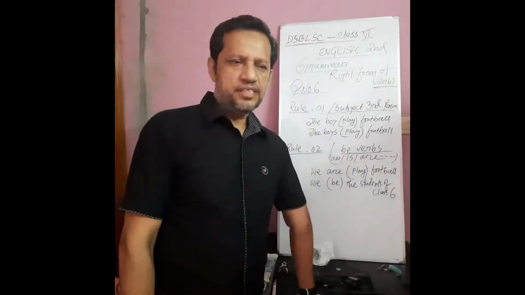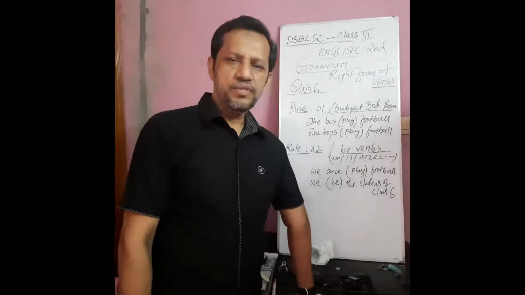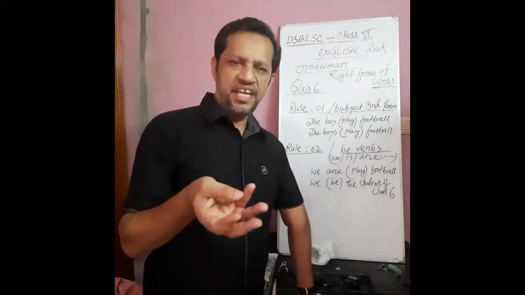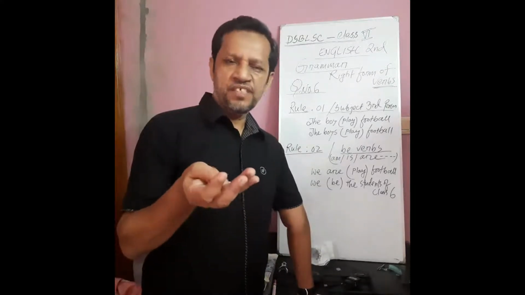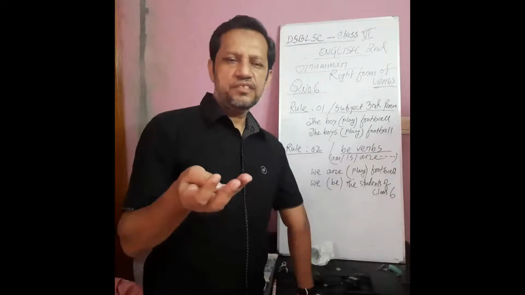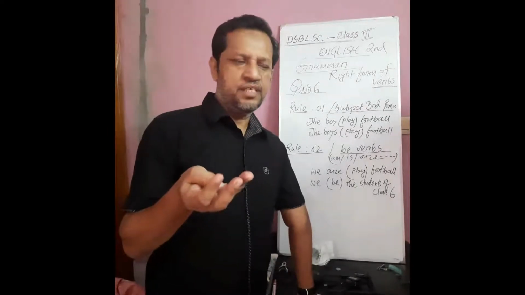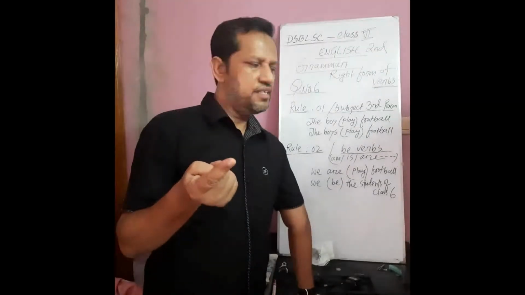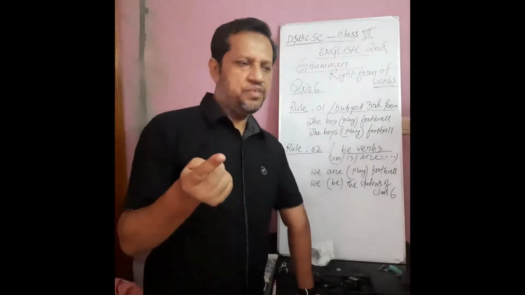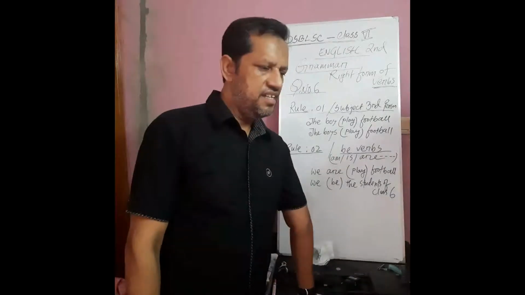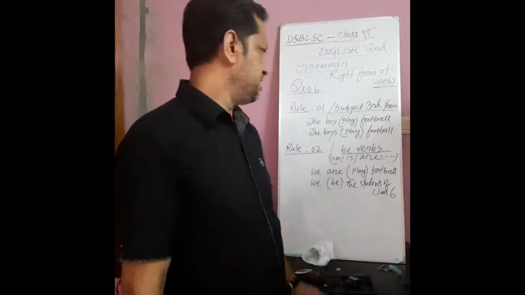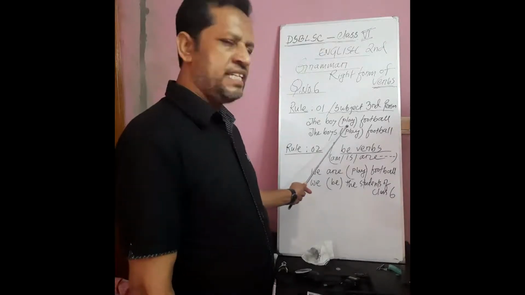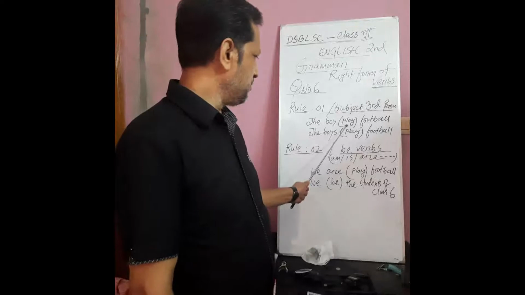When the subject is third person singular number, like he, she, any name, it, any name of place, this type of subject, third person singular number, and if the sentence is in present indefinite, then you have to add s or es with the main verb.